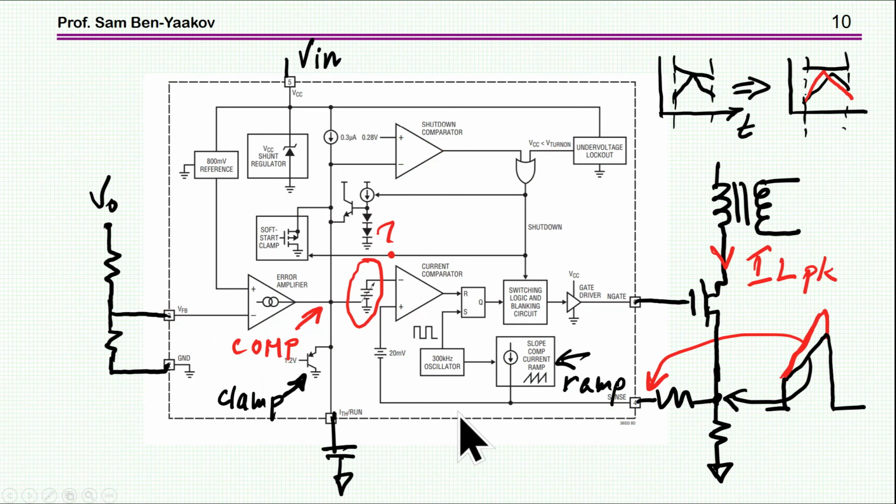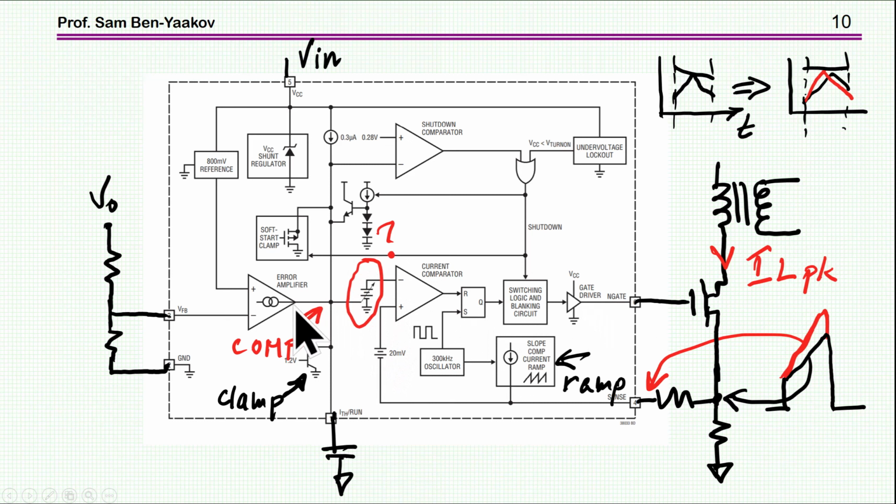Looking now at this unit, we understand that we have an error amplifier which is external to the behavioral model I was talking about. And then we have the connection or relationship between the voltage here and the peak current that will evolve. Now, as you can see, they have here something which is not clear what it is.